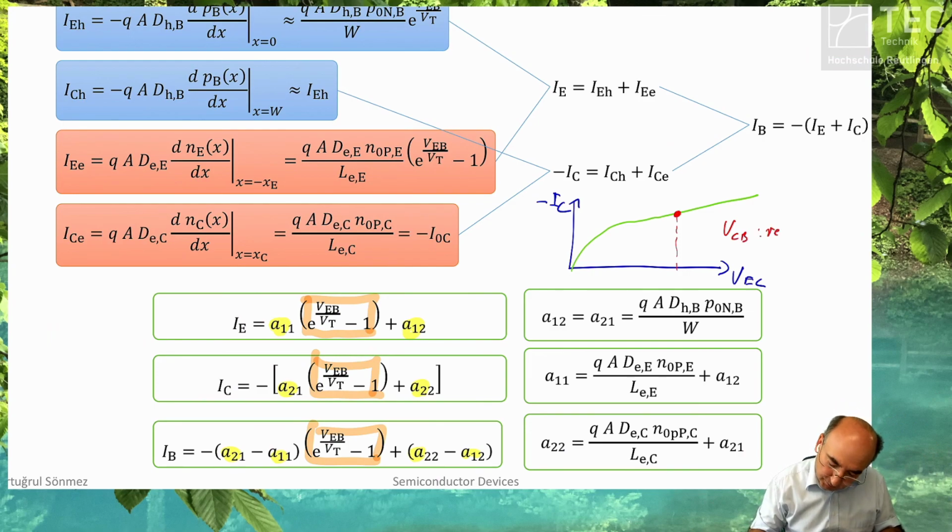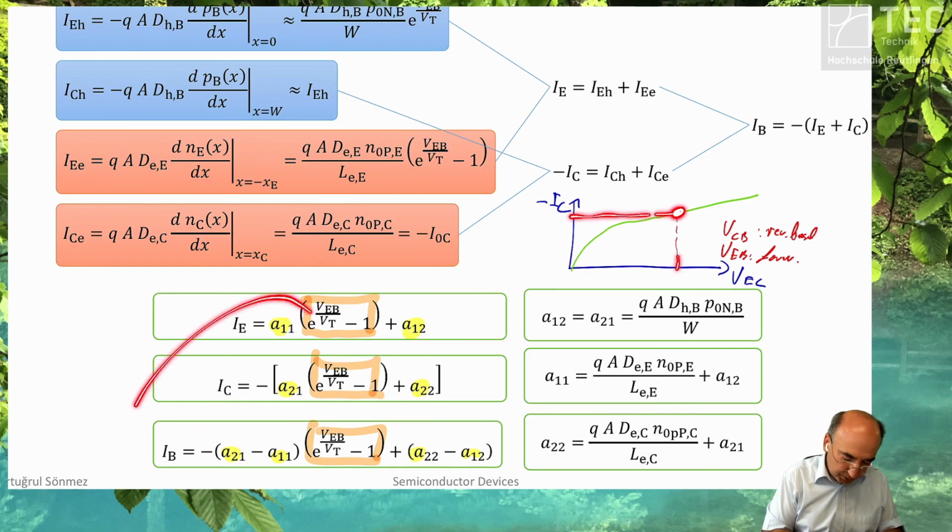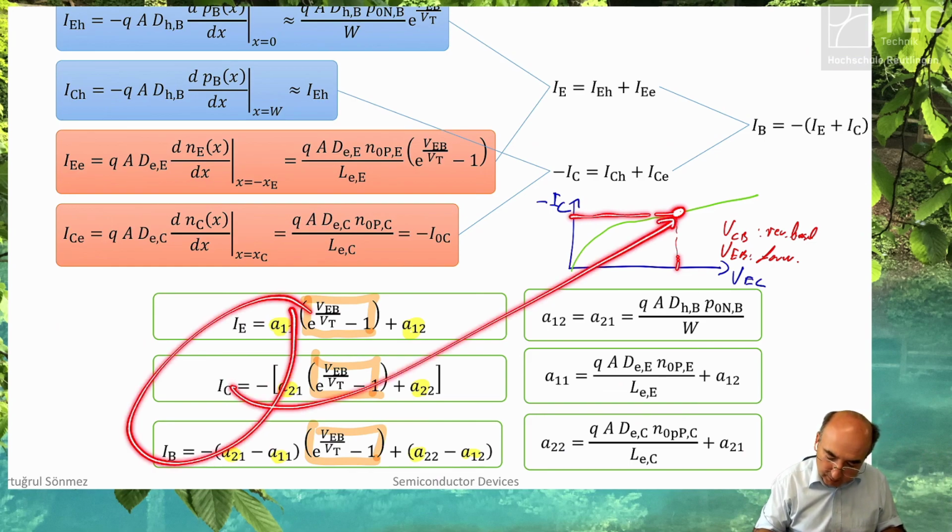It is reverse biased, and we have a forward biased control diode. And this is the definition of the placement of your bias point. So these equations are valid for a bias point in the active forward region.